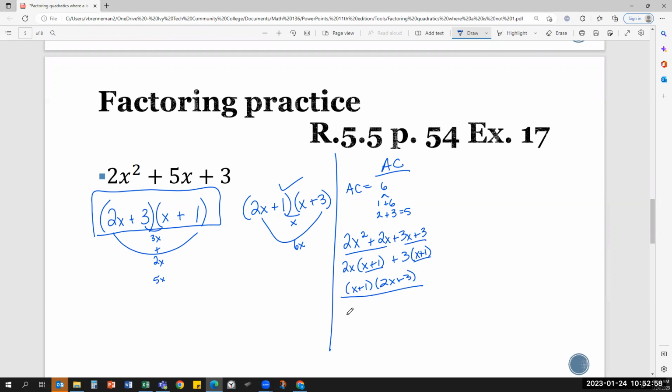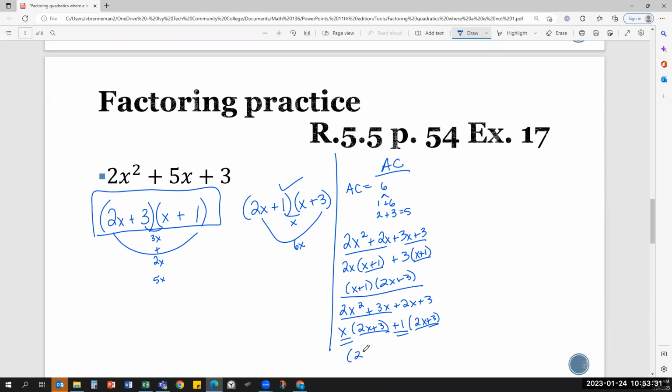All right, what if I wrote the 2x and the 3x in the other order? So I have 2x squared plus 3x plus 2x plus 3. Now when I look at the first two terms, all I can pull out of there is x, and I'm left with 2x plus 3. And in the last two terms, there's nothing in common, but it's still helpful to write that as plus 1 times 2x plus 3, because then you see those matching factors, the 2x plus 3, but you also see the terms of the other factor.